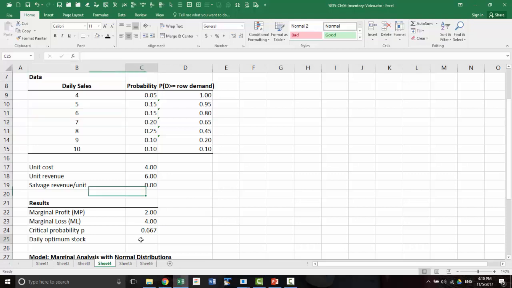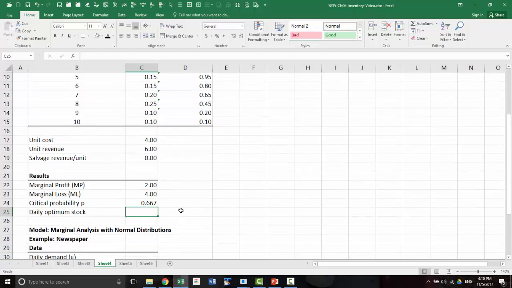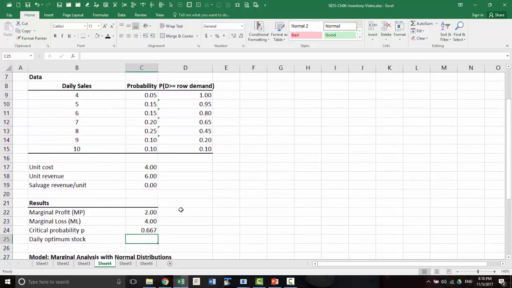So how can we automate this? Here, what is the optimum stock level? Now we can use two different Excel functions to figure this out, right?